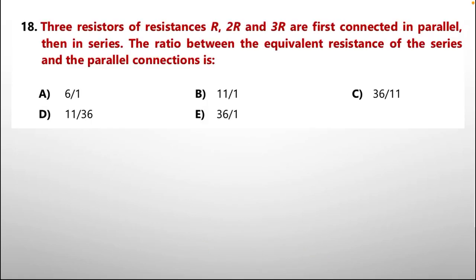Question number 18. 3 resistors of resistances R, 2R and 3R are first connected in parallel, then in series. The ratio between the equivalent resistance of the series and the parallel connection is A, 6 by 1, B, 11 by 1, C, 36 by 11, D, 11 by 36, E, 36 by 1.